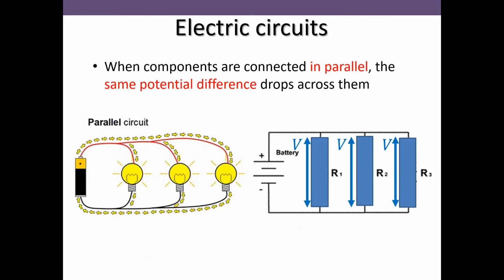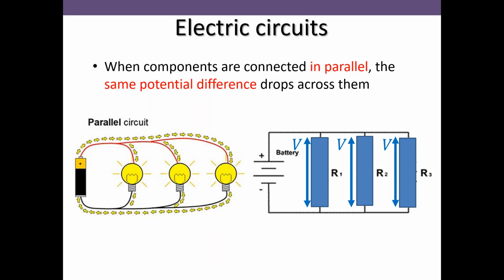Now, when components are connected in parallel, the same potential difference drops across them. You can think of the potential difference as voltage. So if we have a parallel circuit, have a look at this parallel circuit. Here in this parallel circuit, you've got 3 loops. In a series circuit, you've only got 1 loop.